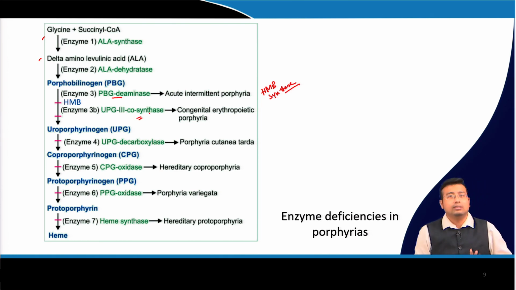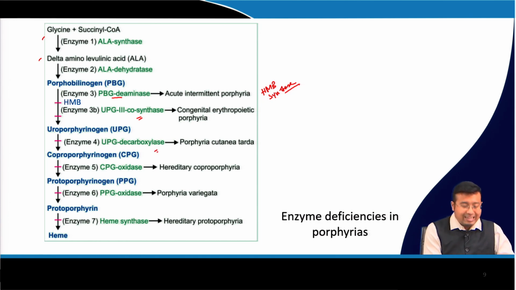followed by congenital erythropoietic porphyria due to the deficiency of uroporphyrinogen 3 co-synthase. The next name that you need to remember, due to the deficiency of uroporphyrinogen decarboxylase, is porphyria cutanea tarda, abbreviated as PCT. All of these have got abbreviations. This is AIP, this is CEP.